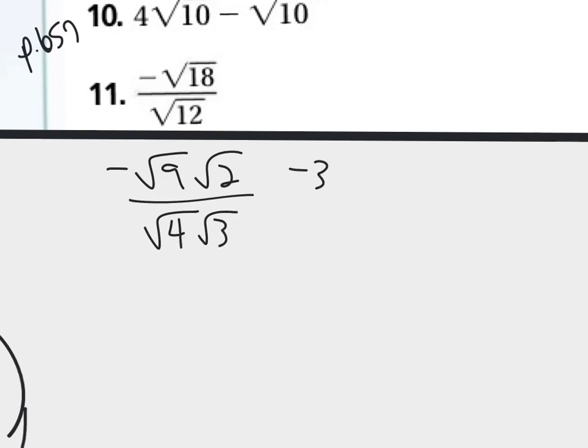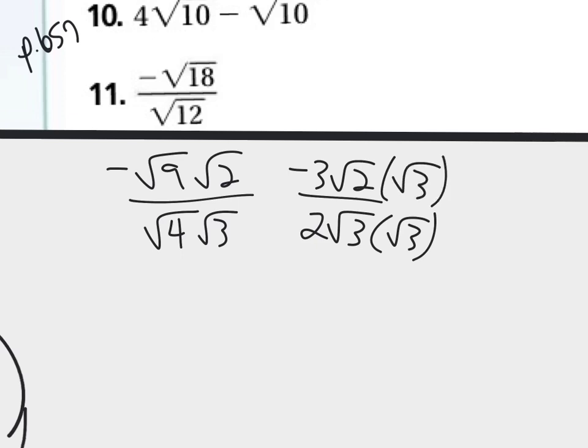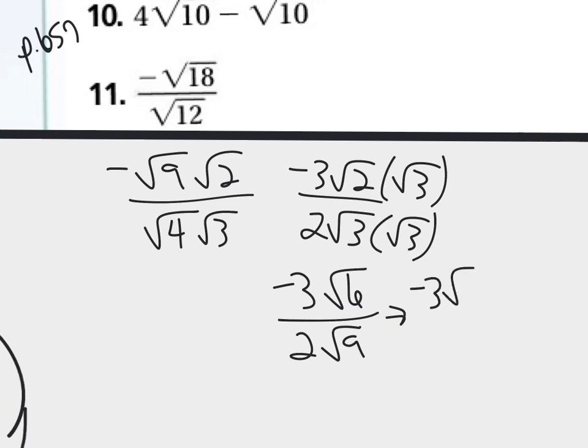So this would be -3 square root of 2 over 2 square root of 3. You can't have a square root in the denominator, so go ahead and multiply by square root of 3, numerator and denominator. And that's going to be 2 square roots of 9 in the denominator. Square root of 9 is 3, so then 2 times 3 is 6.